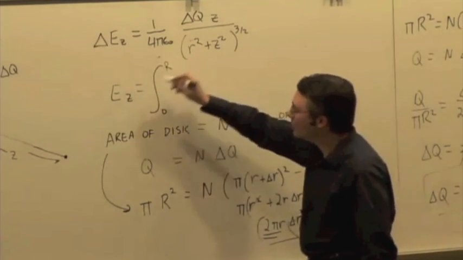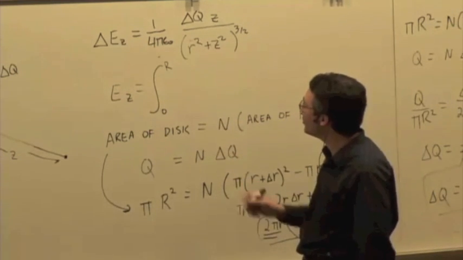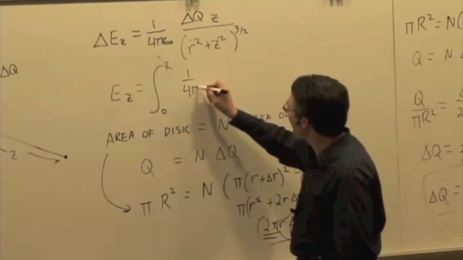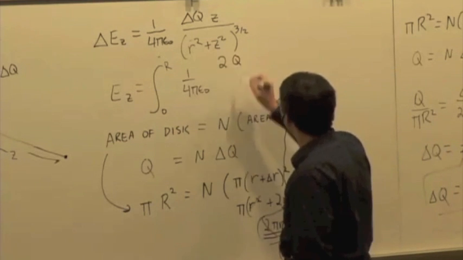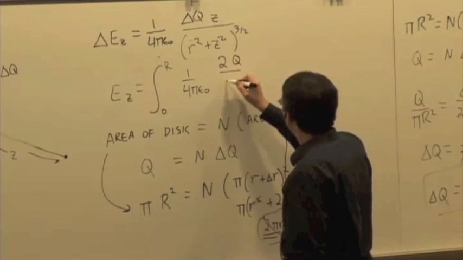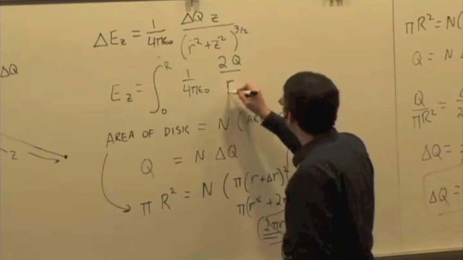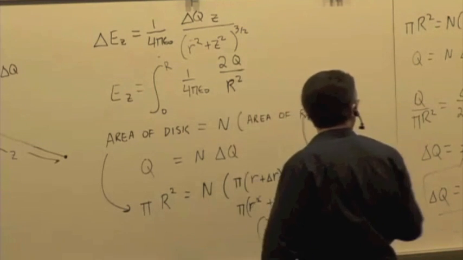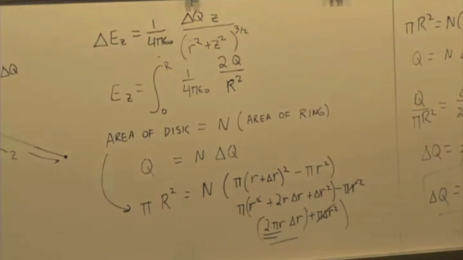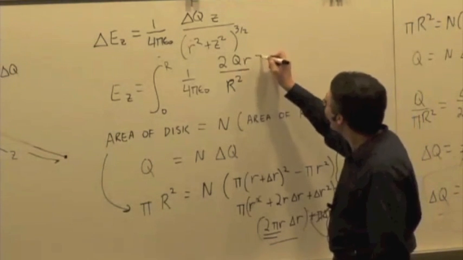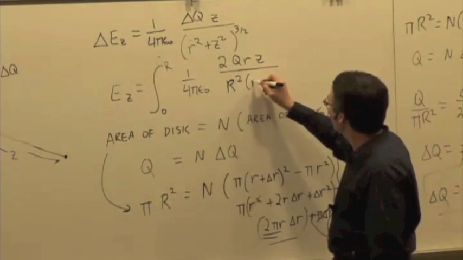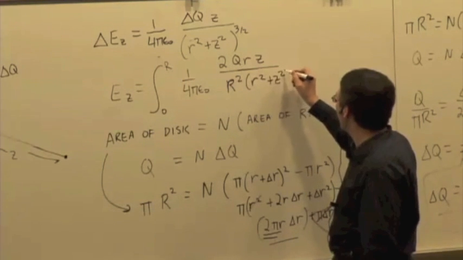We're going from the center to the very outermost edge. 1 over 4 pi epsilon 0, times 2 capital Q over capital R squared. I lost the little r here. There's a little r here. So we have Q little r in the numerator, we have a z in the numerator, and we have r squared plus z squared to the 3 halves.